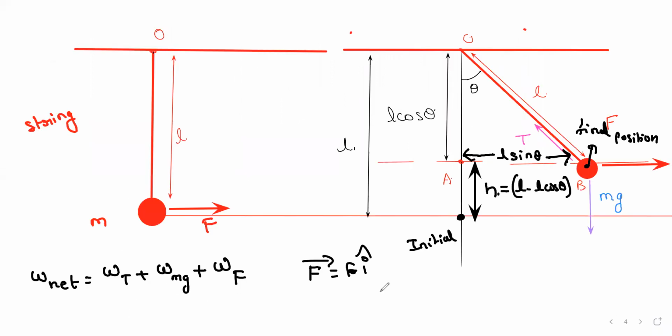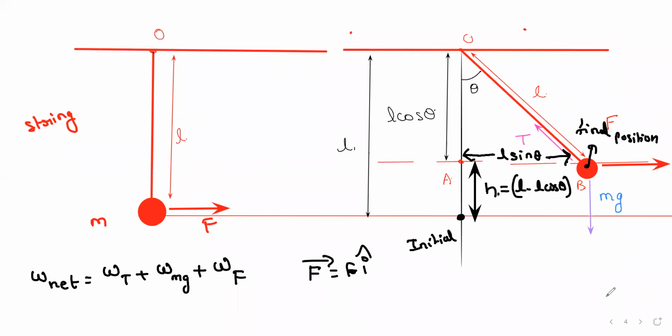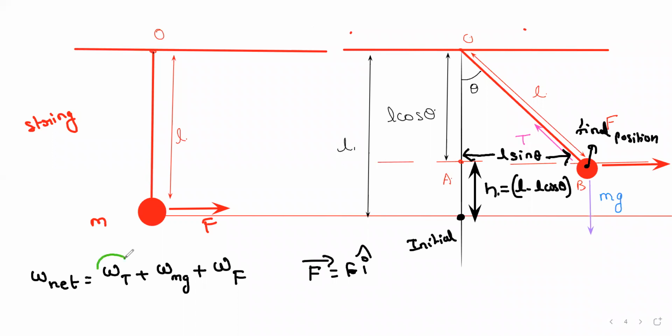Now look here, we can do it in another way by using the work energy theorem. What is the work energy theorem? W net is equal to the change in kinetic energy. First we'll find the work done by tension, then the work done by mg.